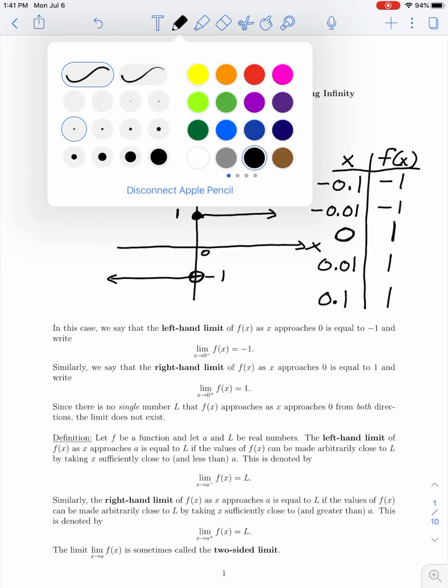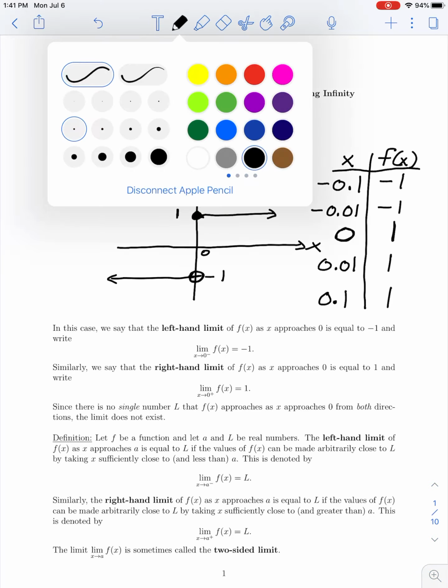So as we mentioned at the end of the last section, well, there's no single number that our function f of x seems to be approaching as we're closing in on 0. So we would say that the limit does not exist in this case. Now for this type of problem, we can define what are called one-sided limits for our function.